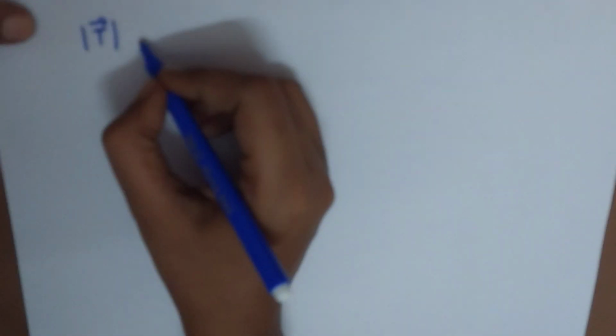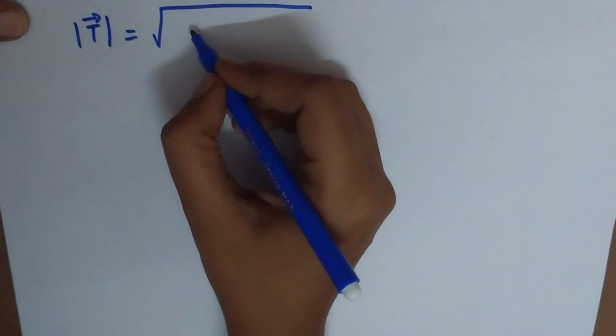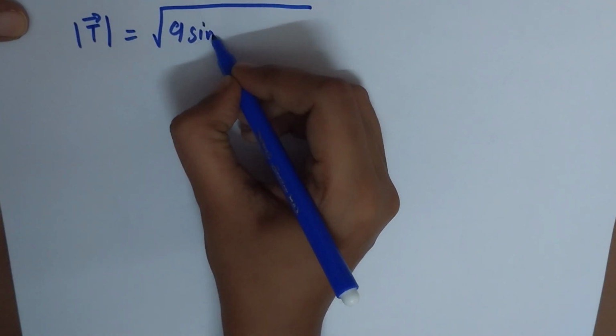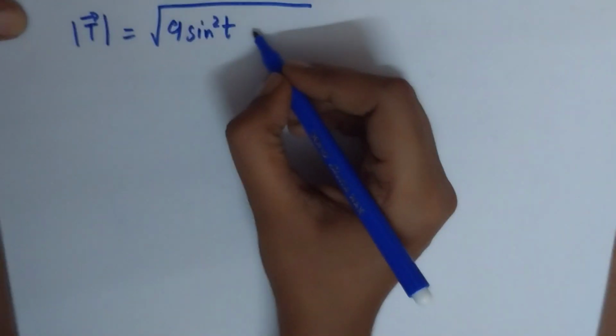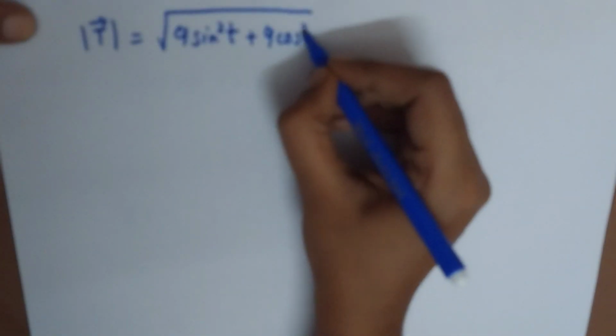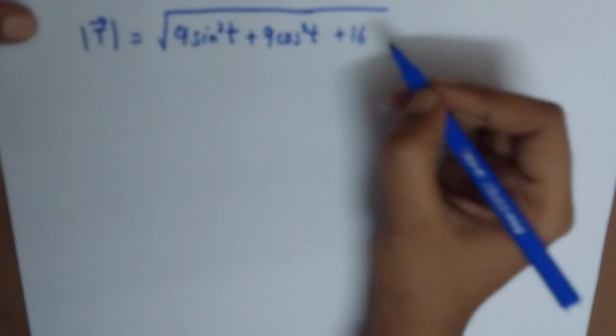Now the magnitude of the tangent vector is equal to the square root of 9 sin square t plus 9 cos square t plus 16.